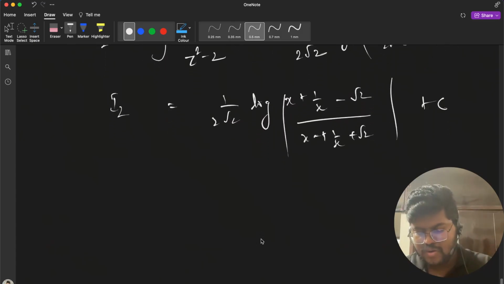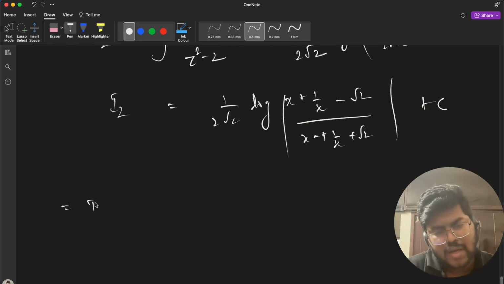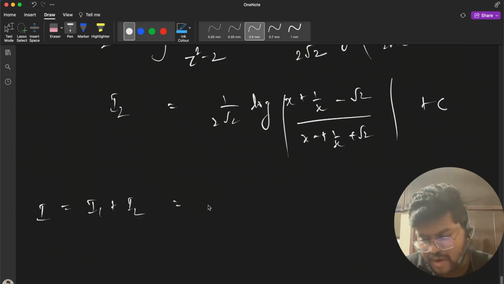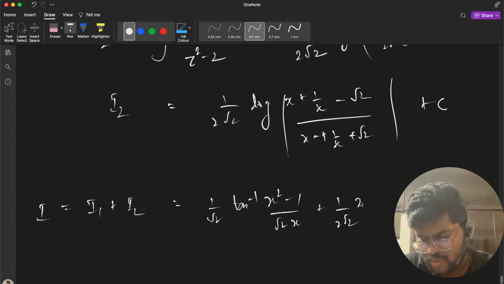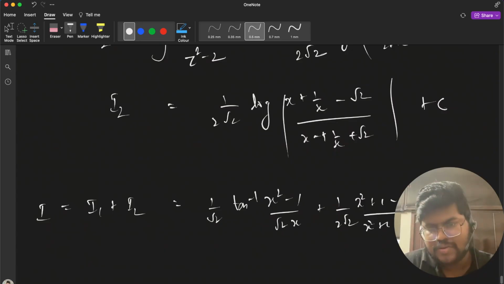Now if I combine I1 plus I2, I get the value of I, which is 1 by root 2 tan inverse of x square minus 1 upon root 2x plus 1 upon 2 root 2 log of x square plus 1 minus root 2x divided by x square plus 1 plus root 2x plus c.